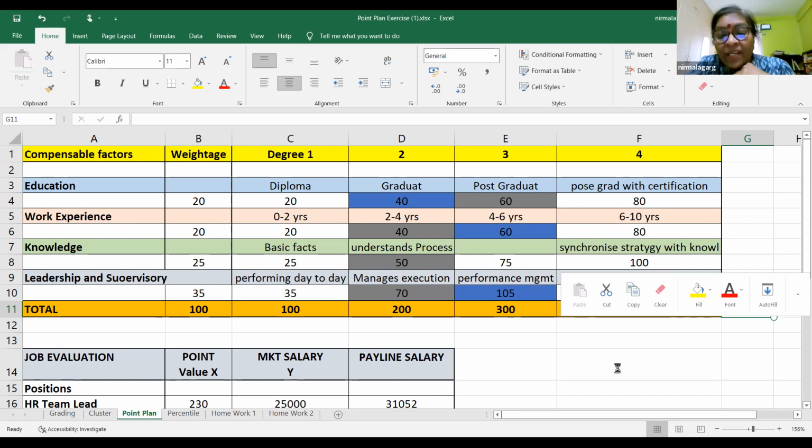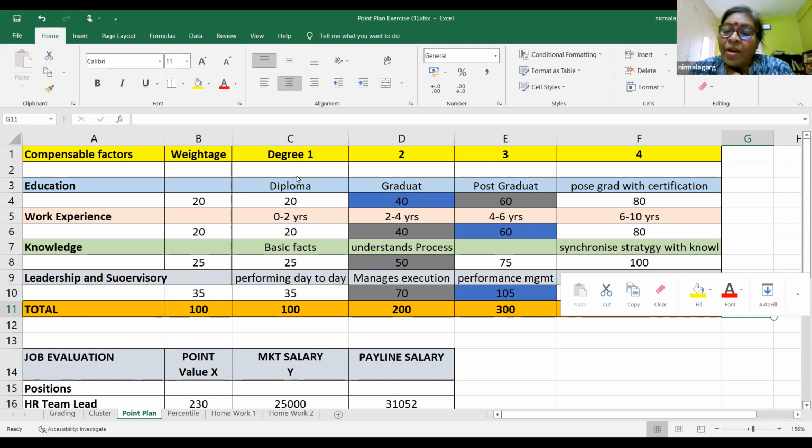But the degrees, so this is step 1. Now degrees, as I showed you last time, degree of differentiation means what? I read out knowledge. How do they vary? When I talked about degree, it is the intensity of that compensable factor which is required in that role. So when you're doing degrees, at best make them about 4 to 6.